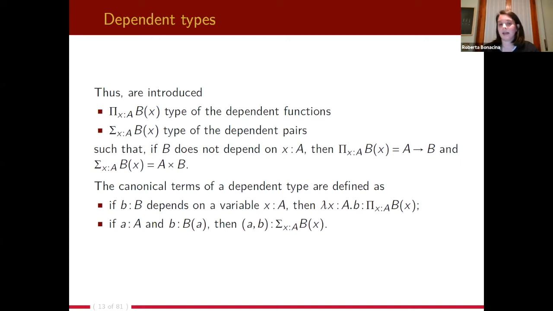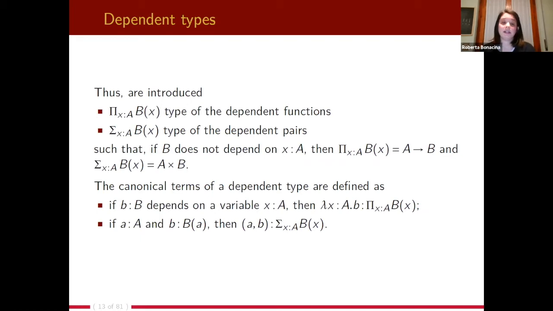So they are a generalization of the two types we have already seen, arrows and product, and they reduce to those types when the type B does not depend on the variable x in A.